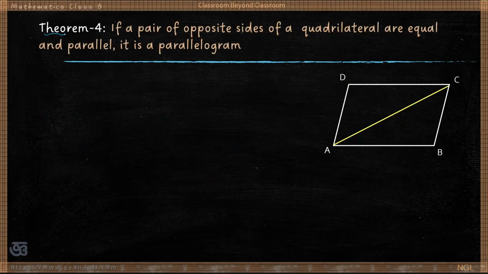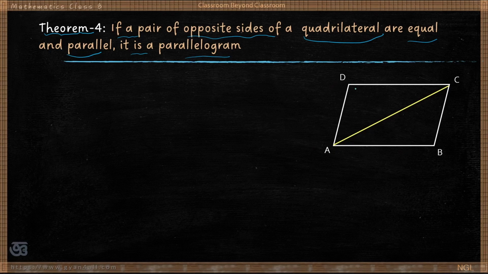Now theorem number 4. If a pair of opposite sides of a quadrilateral are equal and parallel, it is a parallelogram. We are given a quadrilateral, not a parallelogram, but we have to prove that it is a parallelogram, and the condition is that a pair of opposite sides are equal and parallel.